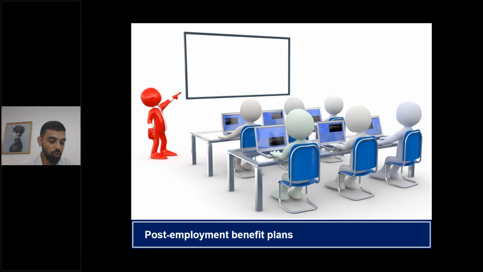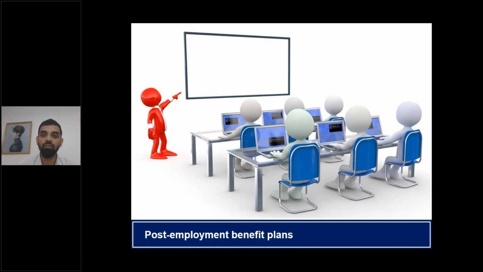Firstly, we will go to the more complex part of AS 15, which is post-employment benefit plans. So we all know that for gratuity and for leave encashment, we have to obtain an actuarial valuation report, and then we have to account using this actuarial valuation report. But friends, I'm sure many of us have not gone through the detailed actuarial valuation report.